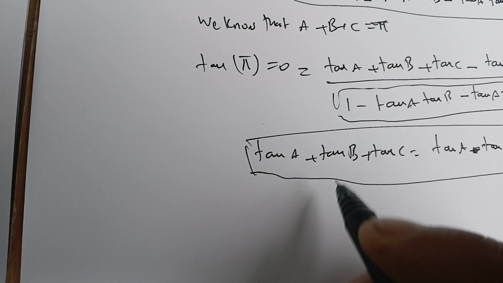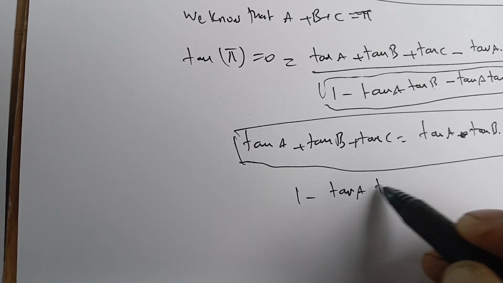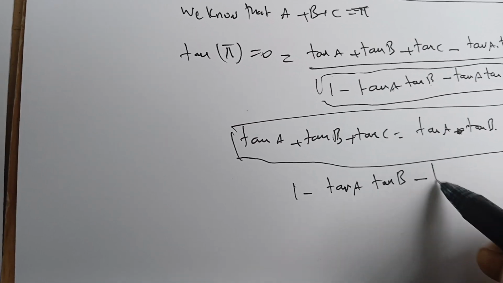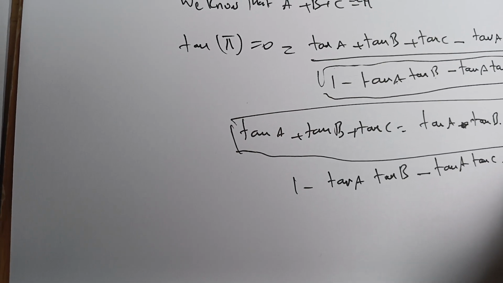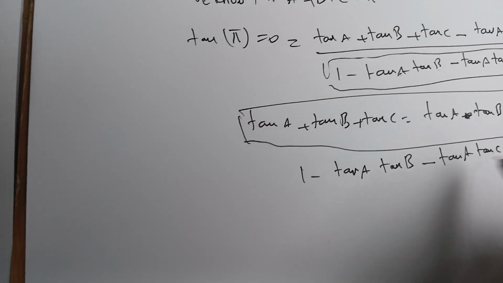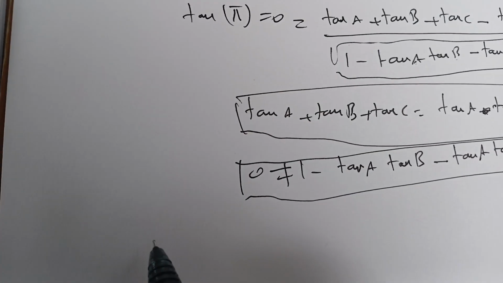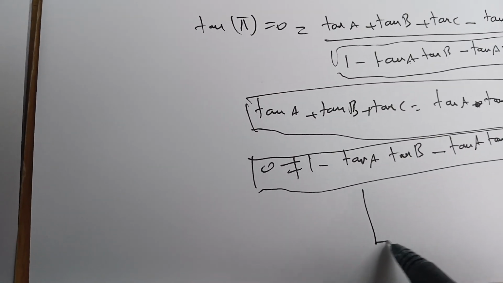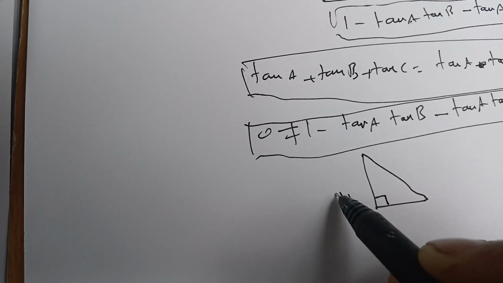So 1 minus tangent A tangent B minus tangent A tangent C minus tangent B tangent C is different from 0. In a triangle, we assume that we have only one angle that's pi over 2.